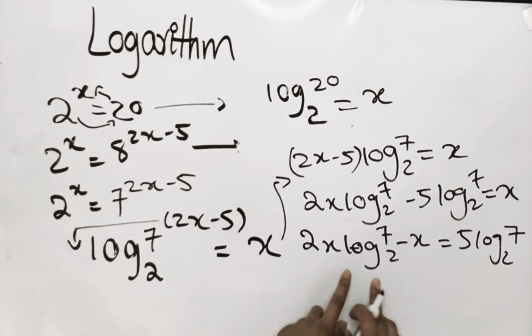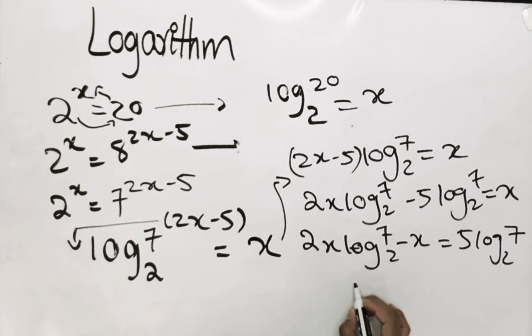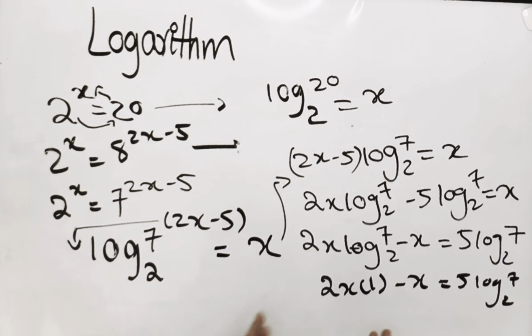Now this is going to be a number, which means it's just a number that's multiplying 2. Let's say it's 1. We're just assuming that it's 1. It's just going to be times 1 minus x. And if we use the same operations that we used before, it's just going to be x is equal to 5 log base 2 of 7.